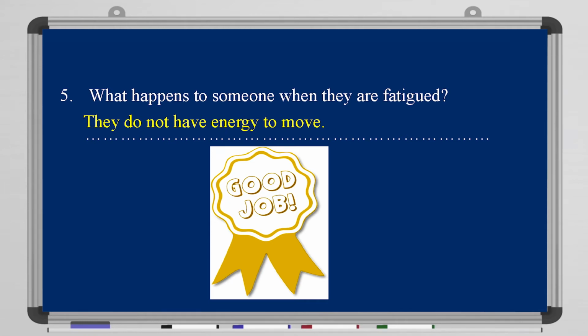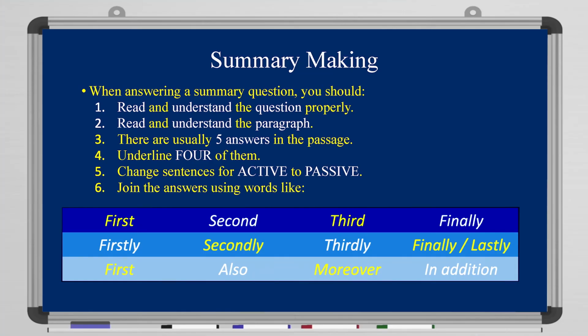Great job. Now we go to the summary making. When answering a summary question, you should consider the following. Number 1. Read and understand the question properly. Number 2. Read and understand the paragraph itself. Number 3. There are usually 5 answers in the passage. Number 4. Under 4 of them, this is all we need. We need 4 sentences. Number 5.